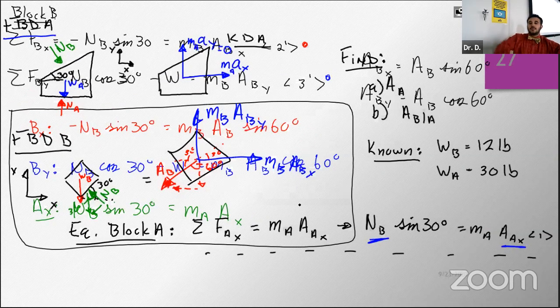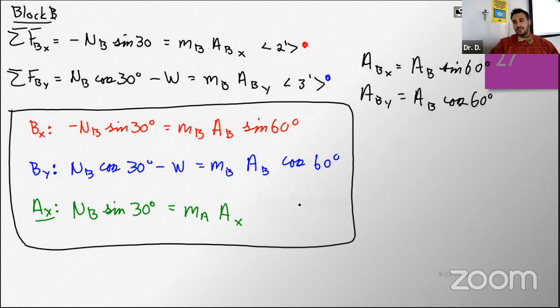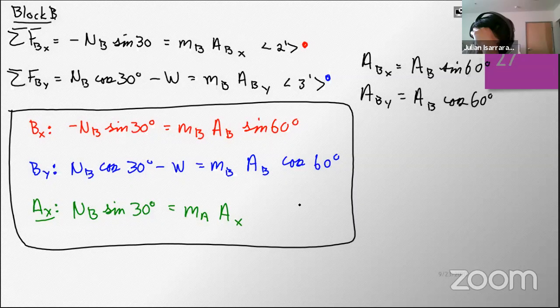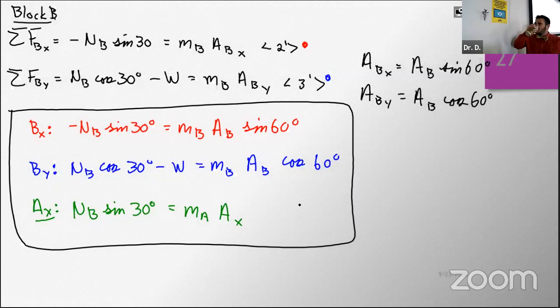I apologize. All right, so I want you to solve all these three equations and figure out what A sub B is, A sub X, and the normal force. And compare that to what we found doing the problem the other way with rotating the axes. Because your answer should come out the same, right? You should get the same A sub B, the same A sub X, and the same normal force. Okay.